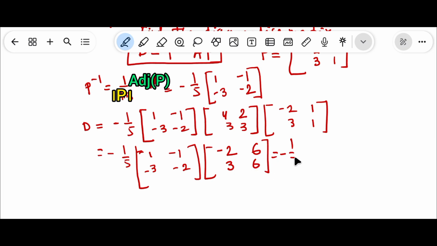Now let us multiply these two matrices. 1 minus 1 we have, so 1 into minus 2 is minus 2, then minus 3, that is minus 5. Then we have minus 3 into minus 2, that is 6, and this is minus 6, so 0. Then this is 6 minus 6, again 0.